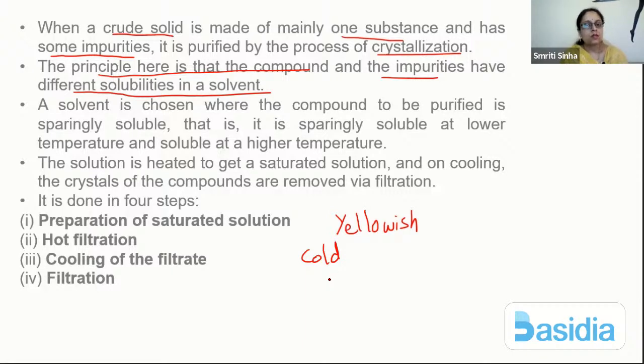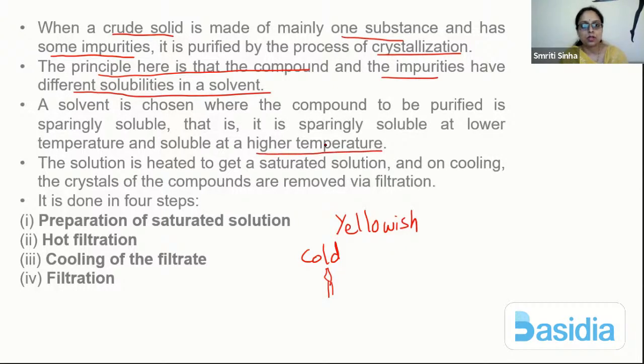But as soon as you start heating this solid, it gets converted into a complete solution. That means in cold water it was only 20% soluble, and the rest remained as crude solid. But when you heated this solution, the whole solid dissolved and you got a clear solution at the higher temperature.